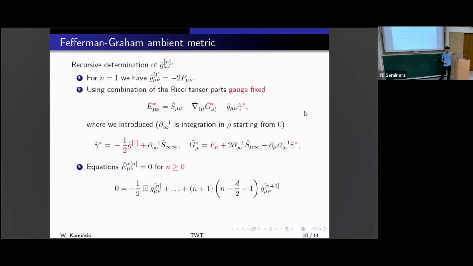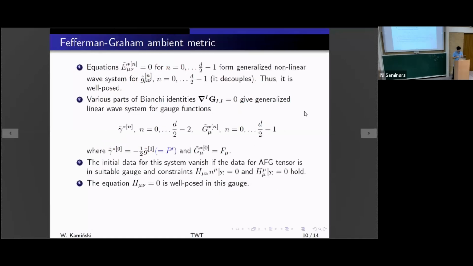So we have this system of equations that hold, let's say, arbitrarily if these En are satisfied, but they decouple the first d by 2 terms. So they are forming a closed system. This is the generalized hyperbolic system that can be used for the well-posedness of the Fefferman-Graham equation.